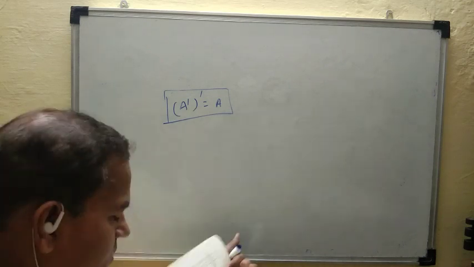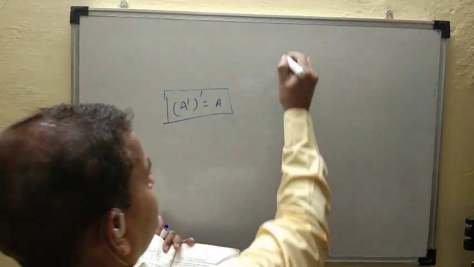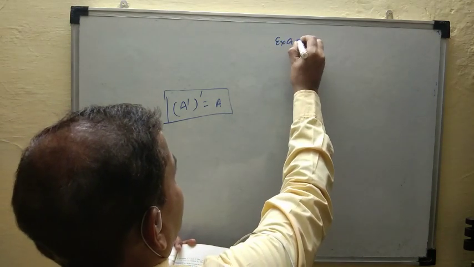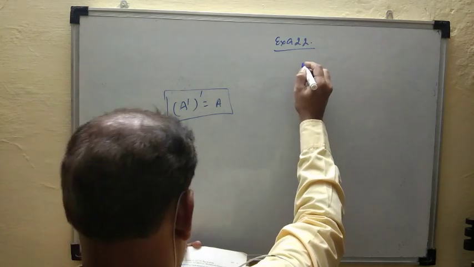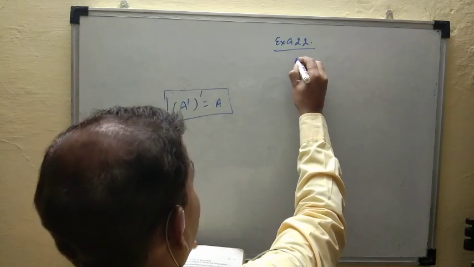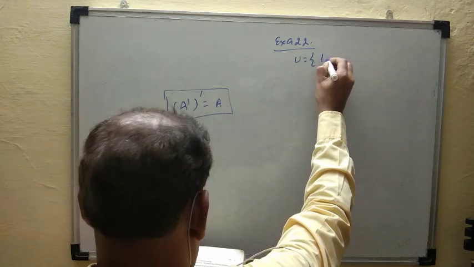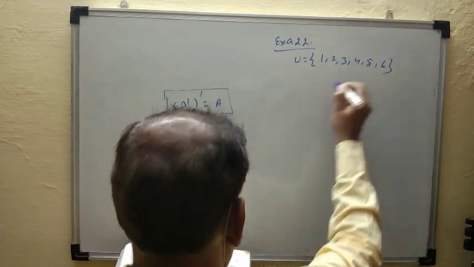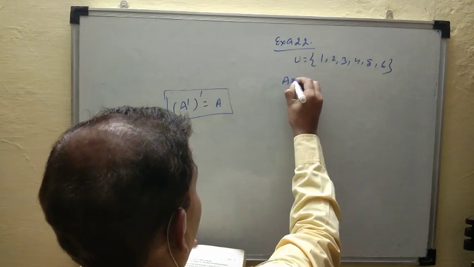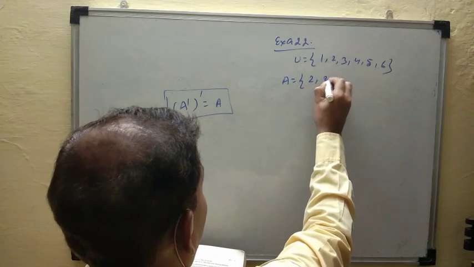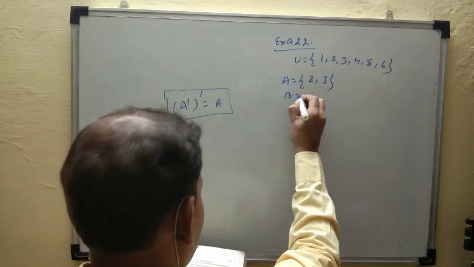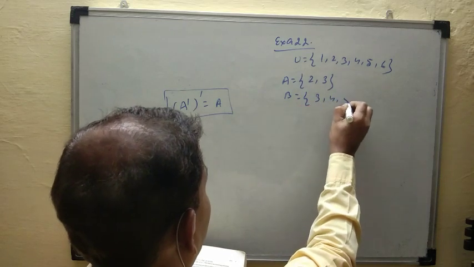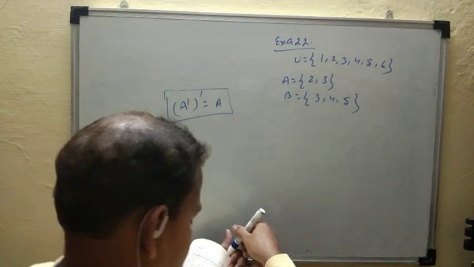Now example number 22. U is given as 1 2 3 4 5 6, A is 2 3 and B is 3 4 5.